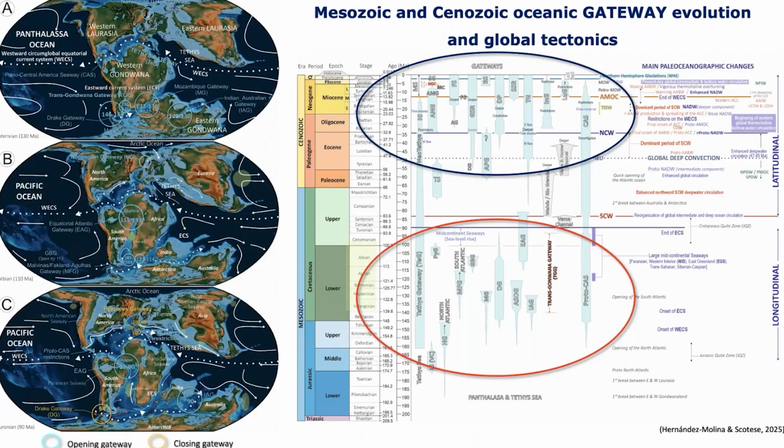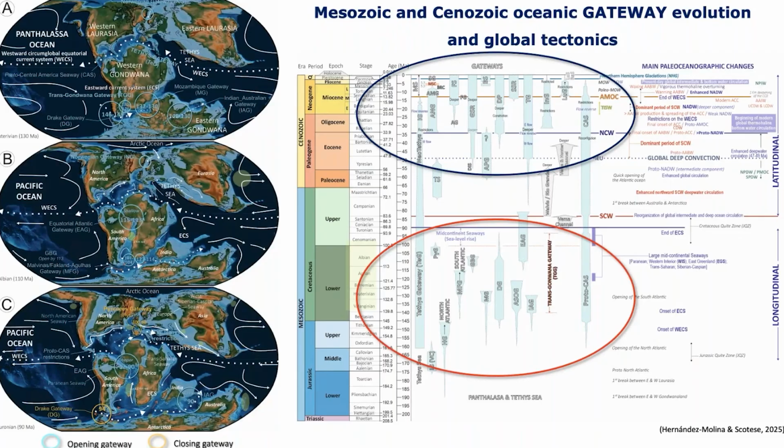Not only, it's a simplification, but mainly. Then there is another period with many changes because of plate tectonics in the gateways, from the Middle Eocene to the Quaternary, where the gateways were mainly trending north-south. I think I said it wrongly: it was longitudinal at the beginning and then latitudinal connections.